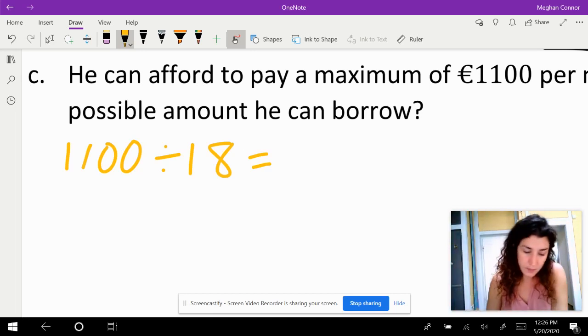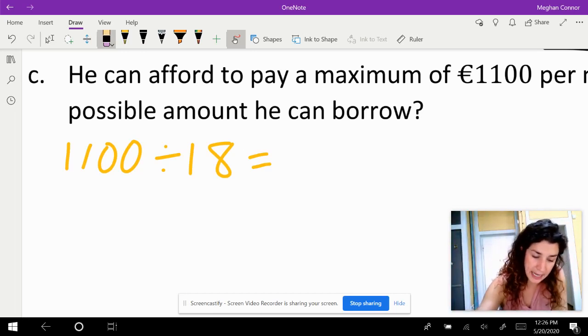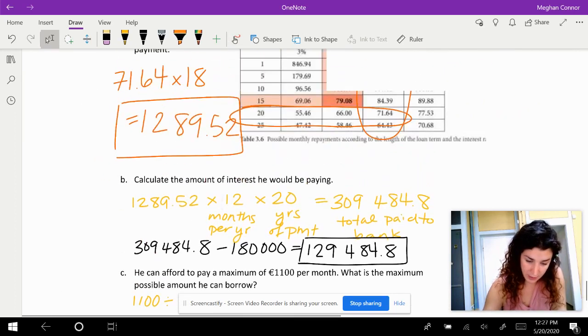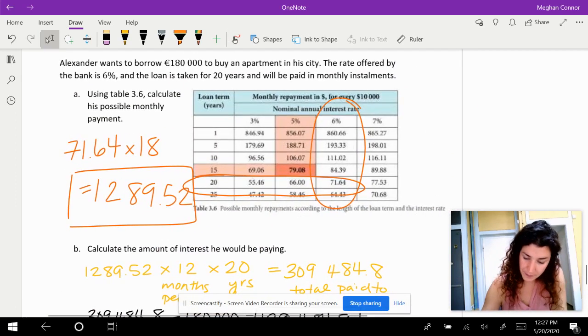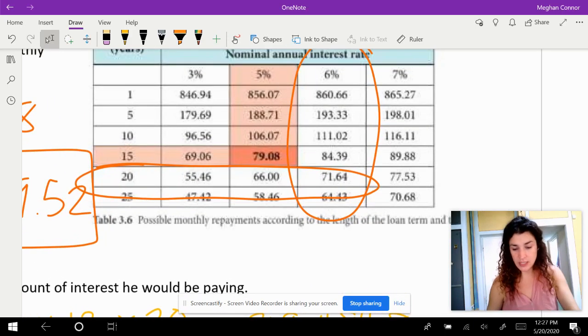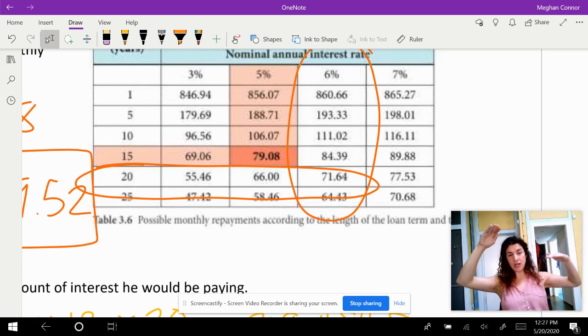So we're going to divide this guy not by 18, but we're going to divide it by the monthly payment over 20 years. So if we're at 6% and we want to be paying this back for 20 years, we still have to be at 71.64. But now that deciding number is going to determine how many tens of thousands of euro we can borrow.